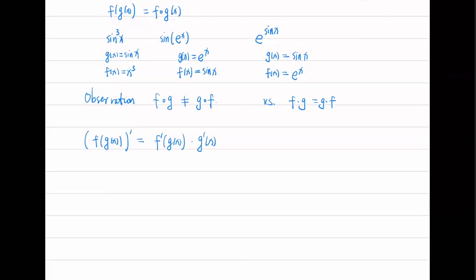So this time we have the product of derivatives, but at different points: the interior function at x, the exterior function at g of x.